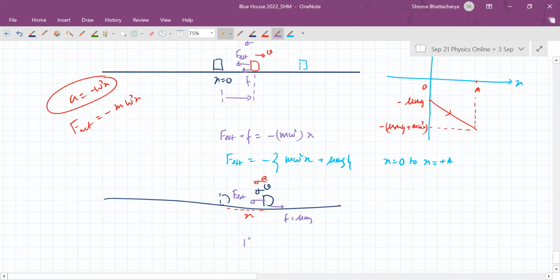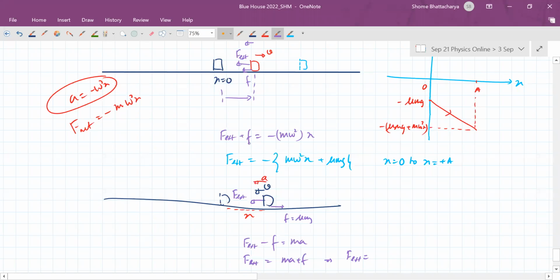So F external has to be such that the magnitude of F external has to be magnitude of MA plus F. Effectively it has to be the same, is it?